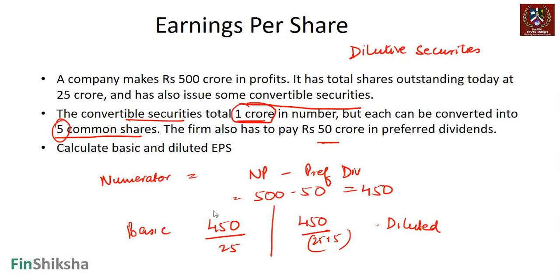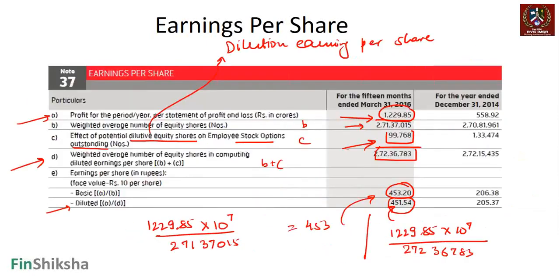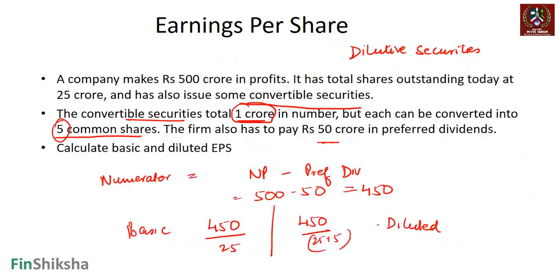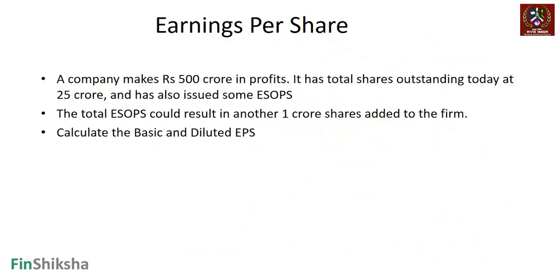Take the net profit, divide by the number of shares. Diluted EPS, take the net profit, divide by the number of shares potentially possible to become available. Each company gives a table like this in their annual report. So you could also go and look at some more tables like this when you are trying to solve for the basic and diluted earnings per share, right? So that's broadly the construct of the data.